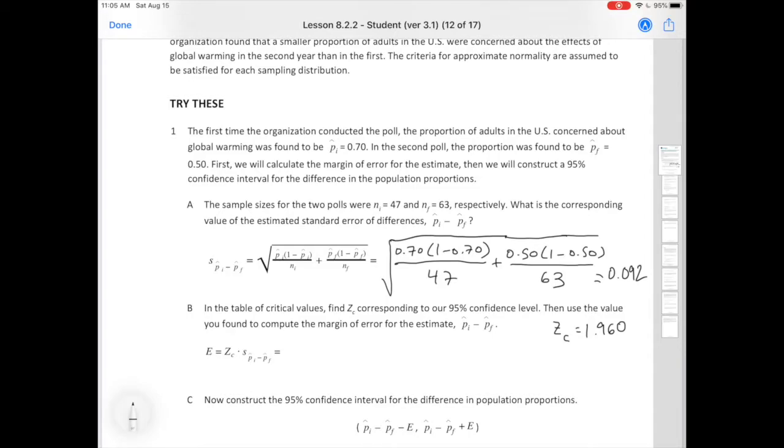To find the margin of error, you just multiply the standard error times the critical z value. So 1.960 times 0.092 in my calculator gives 0.180.